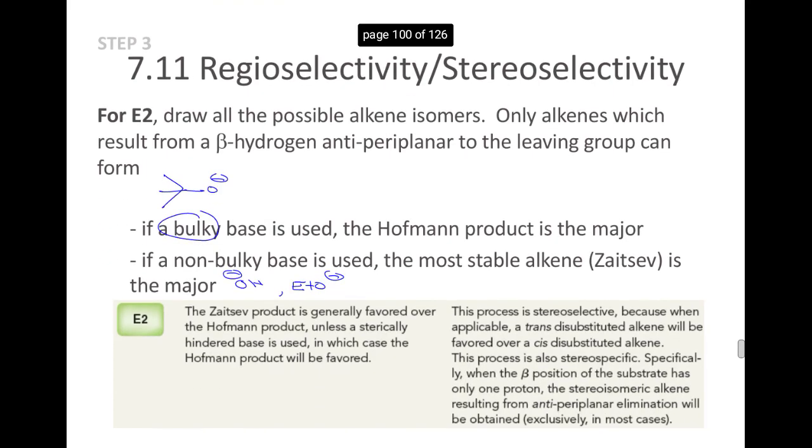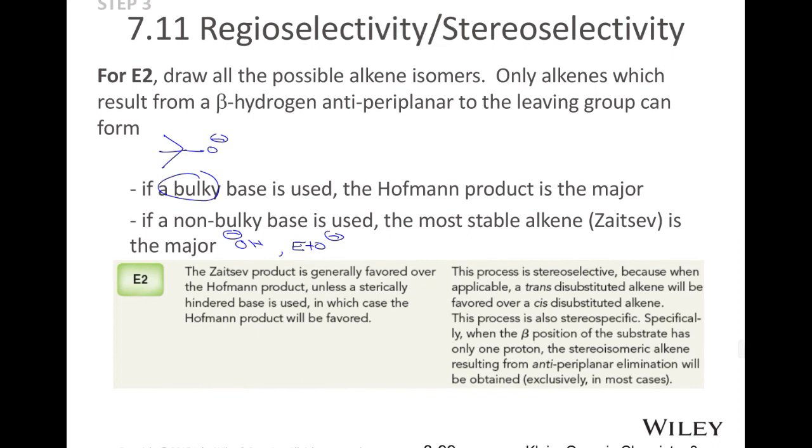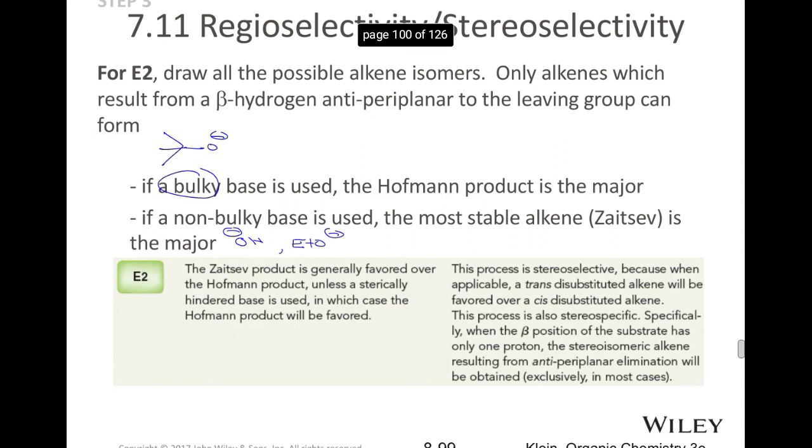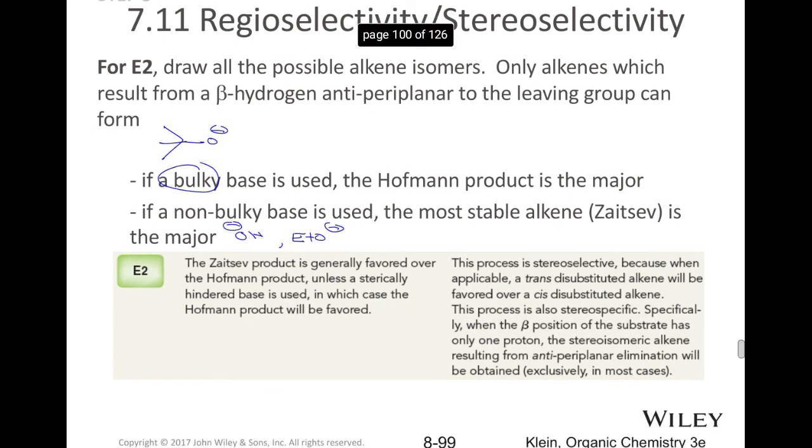If you have an E2 mechanism, you're going to draw all the possible alkenes that could be produced by this elimination reaction, and only alkenes that result from a beta hydrogen that is anti-periplanar to the leaving group can form. If you have a bulky base, the one I drew here is potassium t-butoxide, a big old hindered base like that, the Hofmann product, which is the less substituted alkene, is going to predominate.